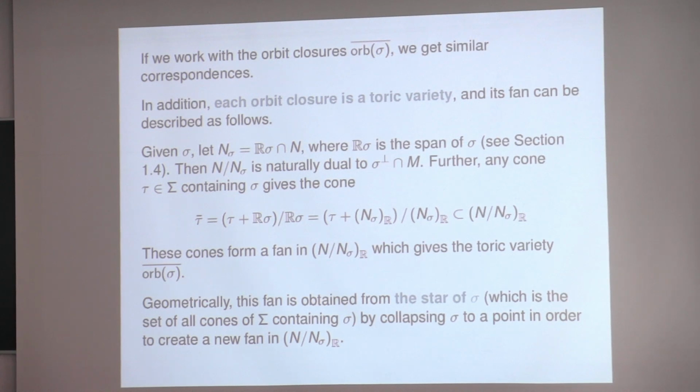You look at each character, each u in the M corresponding to the torus, and you ask, which of these chi to the u's extend? It gives me a function well defined on the torus, but it's not clear if it extends, as a function well defined on C star, to the complex numbers or not. Then you ask for which u's it works, and then put those together, that gives you a cone. And then one shows that the toric variety associated to that cone is this precise affine piece. That's how that proof goes.